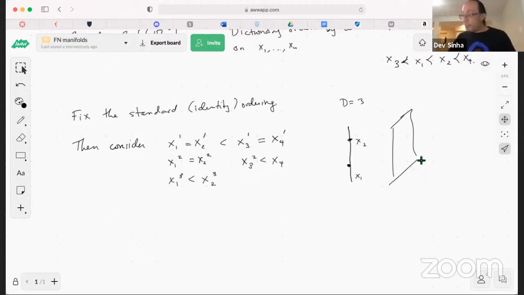And then x3 has to have a lower y coordinate. So let me draw it like this, x3, x4. You notice that x4 actually has a lower z coordinate, but in this ordering, I care about the coordinates as they come in order. And so because x3 has a smaller y coordinate, it comes before x4 in this ordering.